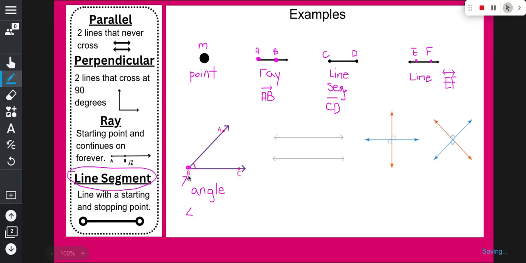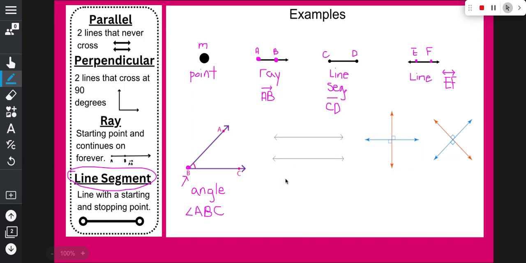And it doesn't matter what kind of angle it is, if it's obtuse, acute, right, we would always use this symbol for it. And then we start with one of the outside letters. The vertex is always in the middle. And then we end with our last letter. So this is angle ABC. And we can see where that angle is if we had followed along.